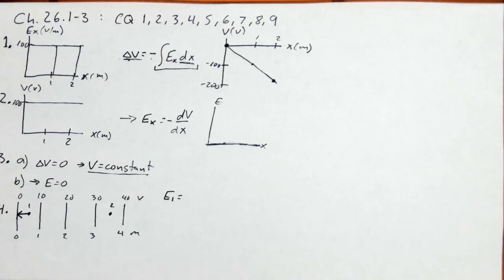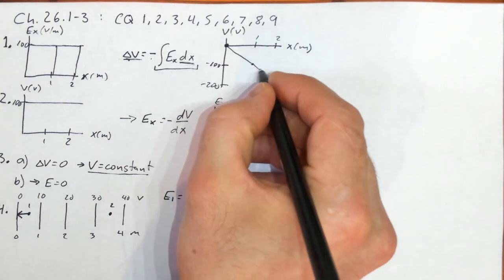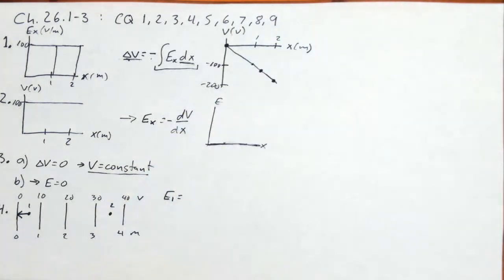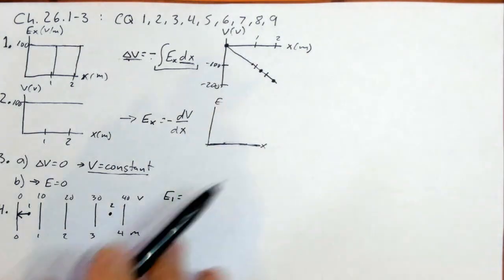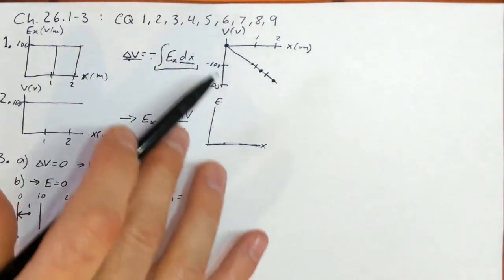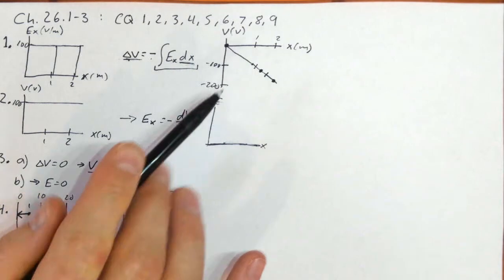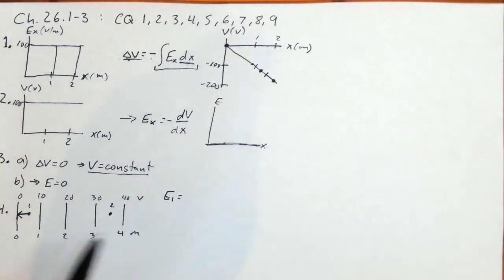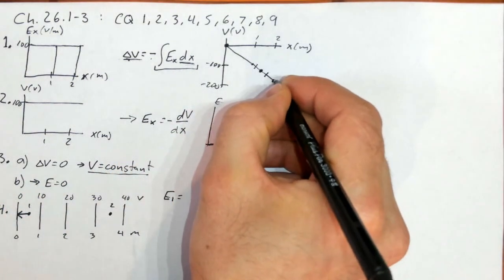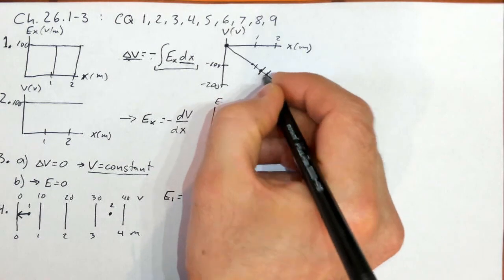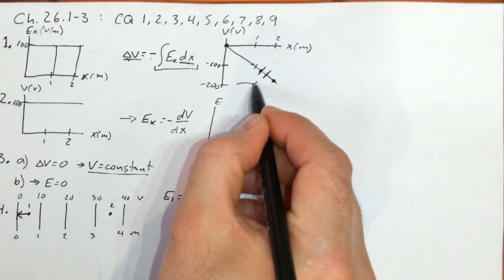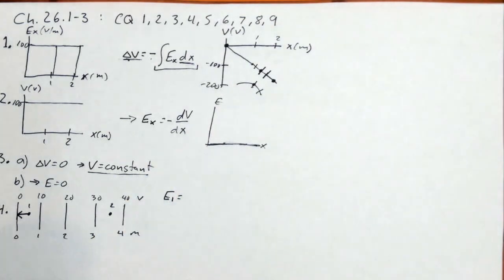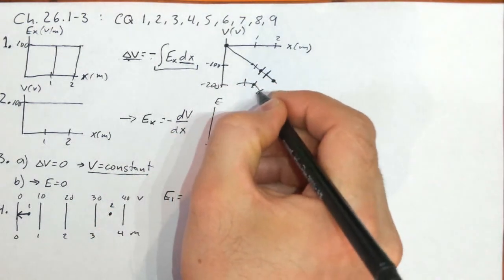Now, when you're thinking about that, if I were to try to find the slope at this point right here, what I do is I span it a little bit. I look a little bit up and a little bit down and find the rise over the run around that point. It's not good to go from here to here, because if this is curving, that's a very different value than if I go from here to here.